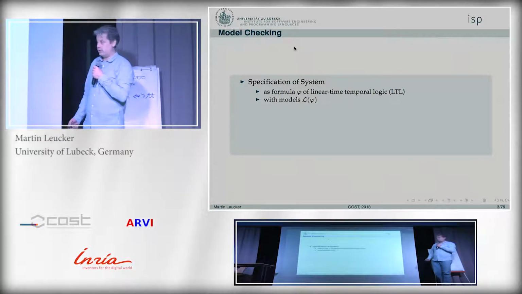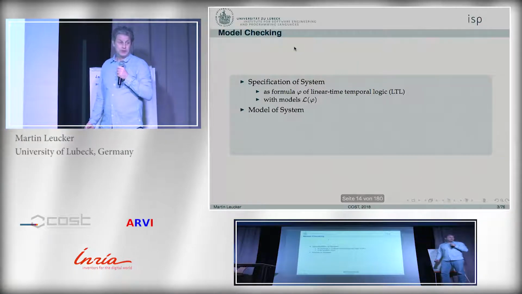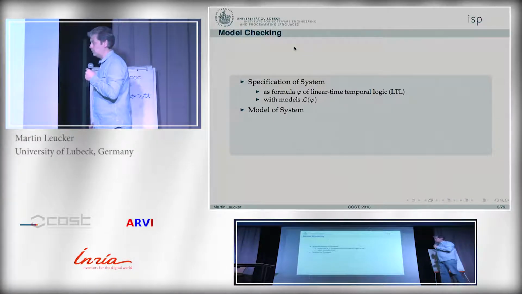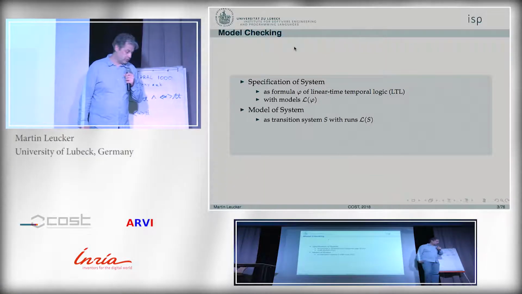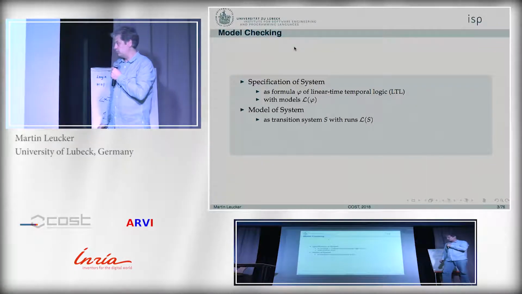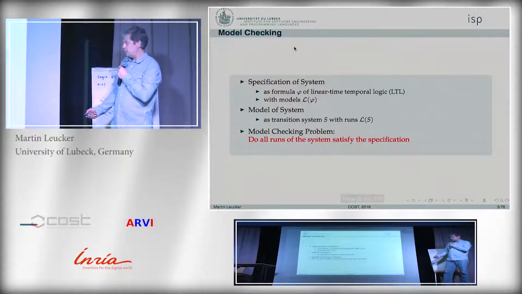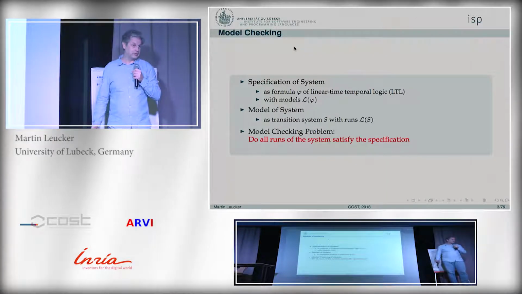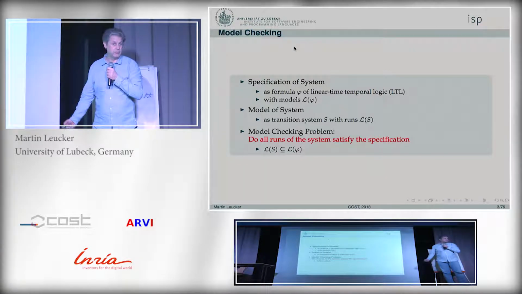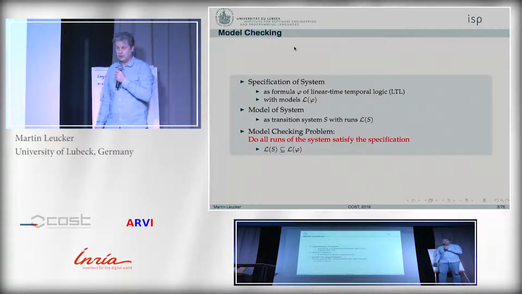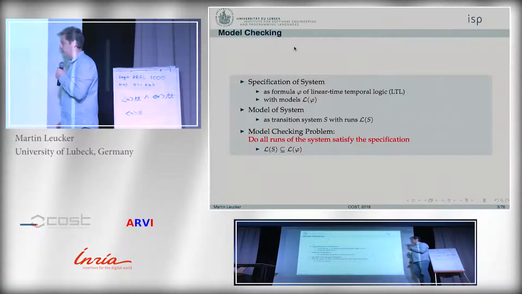So we define the language L of phi, and we have a system or a model of the system, an abstraction of the system, typically a kind of transition system. You learned about transition systems this morning if you don't know them. And the question is, do all runs satisfy the specification? In other words, is the set of executions of our system among those that are allowed? So we answer the subset problem.